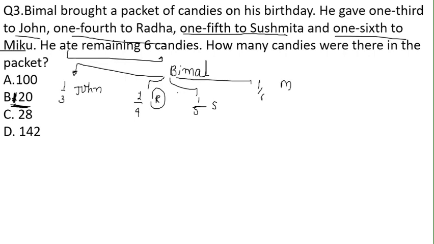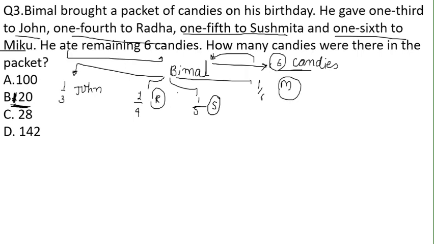After distributing to all these 4 members, 6 candies were left with Bimal, and he ate the remaining 6 candies. So they are asking how many candies were initially present in Bimal's packet.